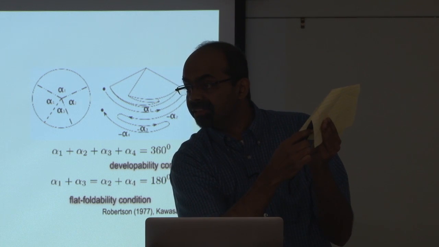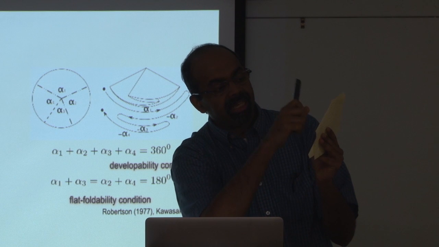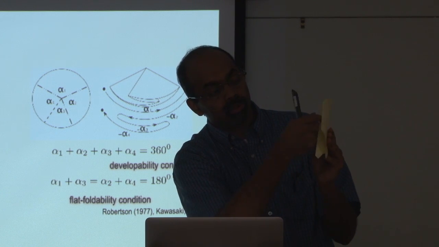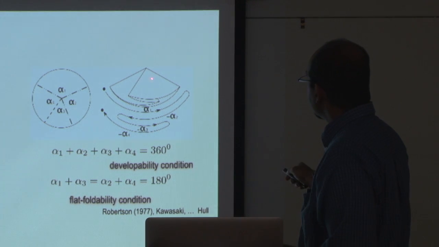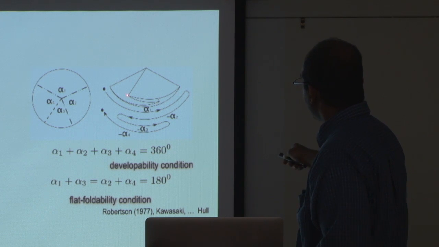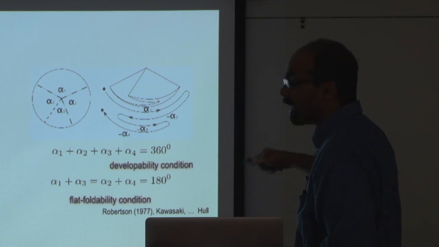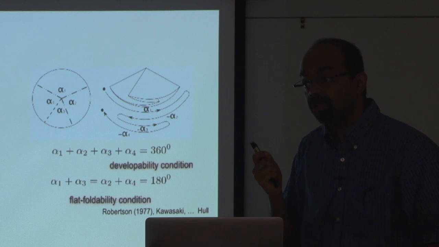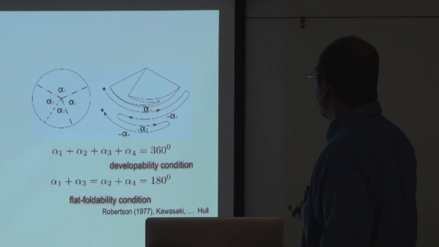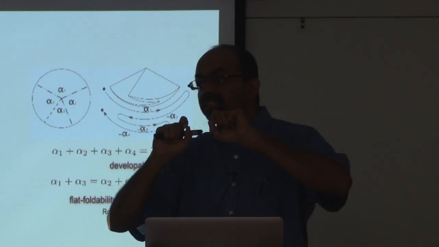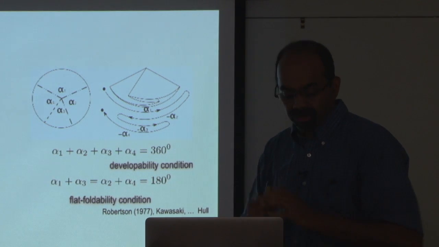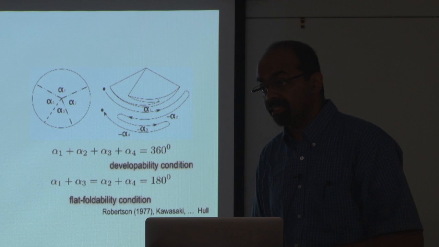Does everybody see that? Okay, so what is visible is essentially the difference of 2 angles on one side or also 2 angles on the opposite side. Or equivalently, when I go back and forth, so I go along one fold, then I come back along the second fold, then I go along the third one, and then I come back. At the end, I've essentially gone around the whole. Okay? And when I write that out, what happens is that I get that the alternate angles must add up to 180 degrees.